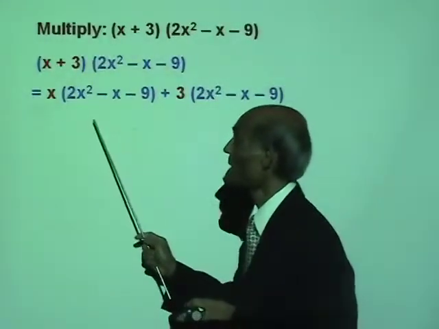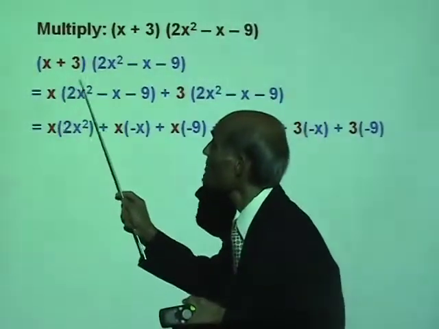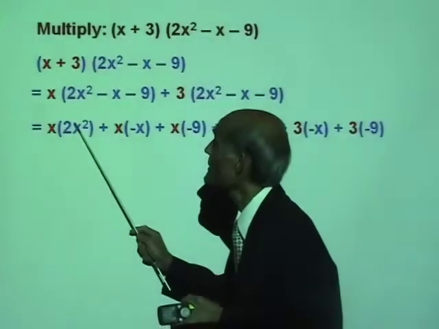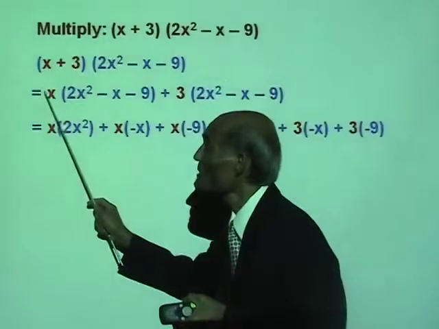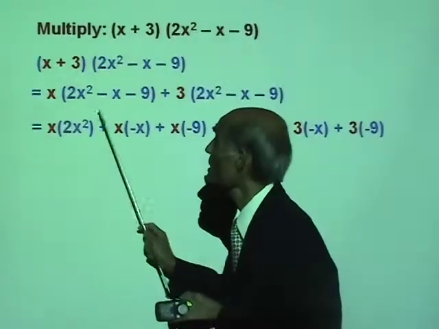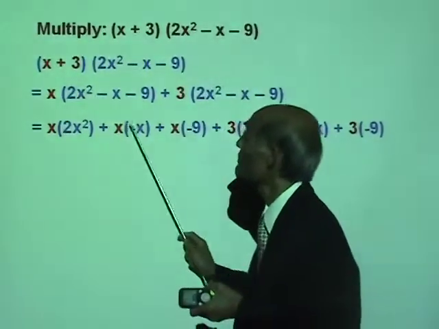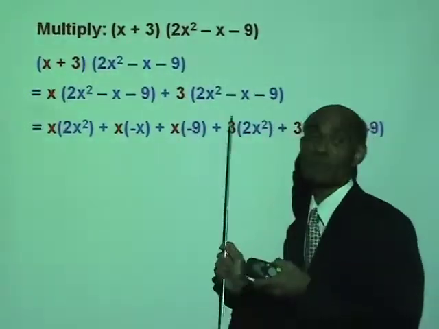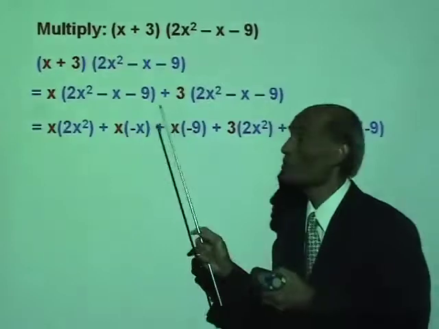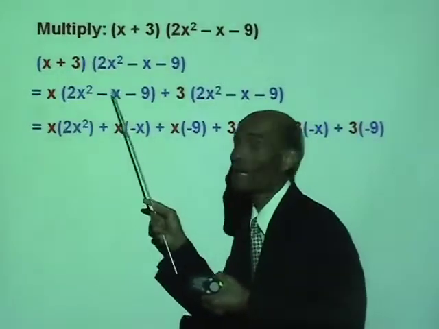Alright, let's now multiply. That will be x times 2x squared, right? Plus, the sign here is plus, x times negative x plus x times negative 9. I hope you can do these steps without making a mistake.